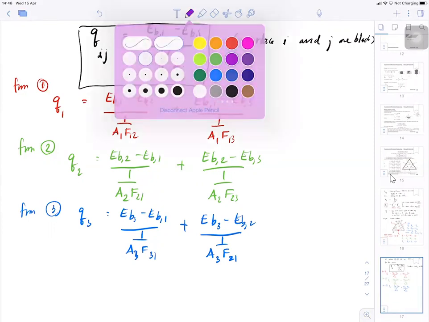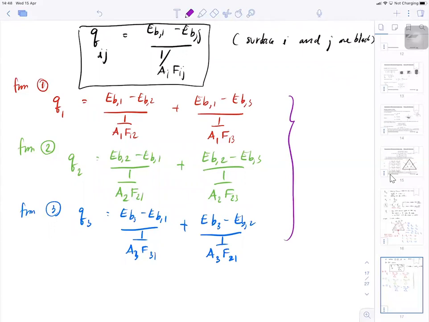And we have to make a note that we learn A1 F12 is going to be equal to A2 F21. A1 F13 is going to be equal to A3 F31. A2 F23 is going to be equal to A3 F32. Okay?